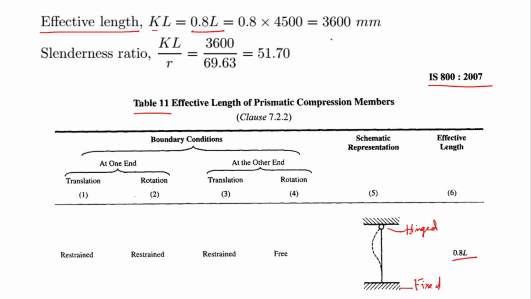So it comes out as 3600 mm. So if I calculate the slenderness ratio KL by R, sometimes denoted by lambda, KL is 3600, radius of gyration is 69.63. So lambda or slenderness ratio is calculated as 51.70.